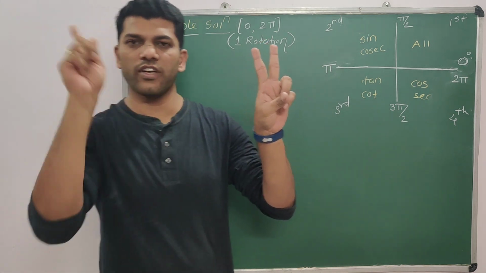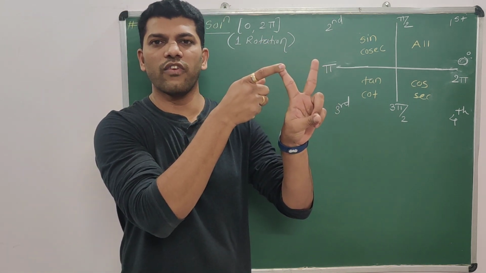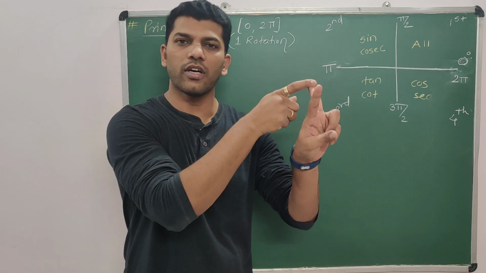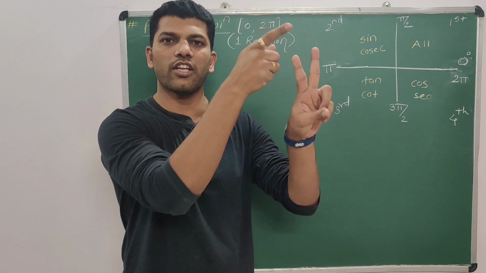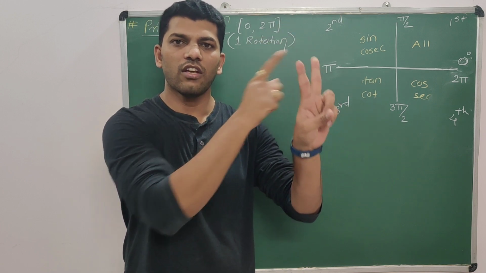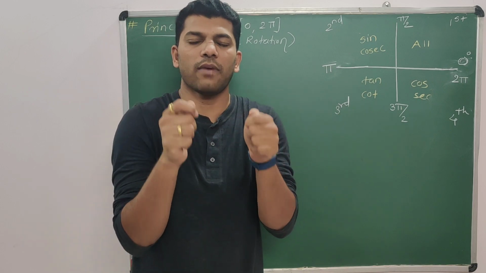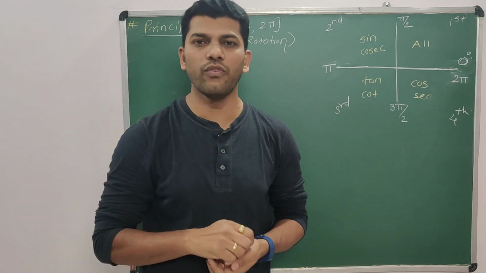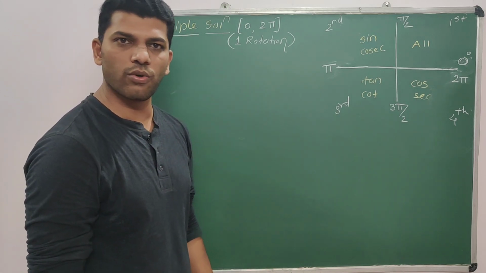If you refer to my previous videos on basics of trigonometry, video number 2 has the values of trigonometric ratios, and video number 3 shows how to solve allied angles. It's my request, please refer to those two videos to completely understand principal solutions.